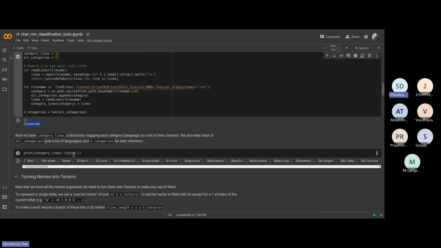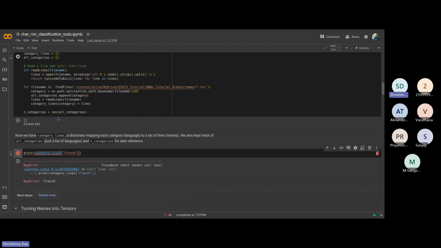Now let us see what the names are. Suppose I want to see what surnames are available in French. I can just say that, but it says the file is not found.